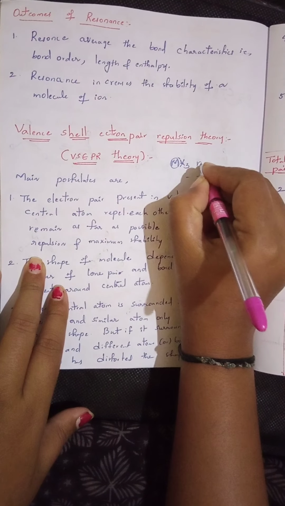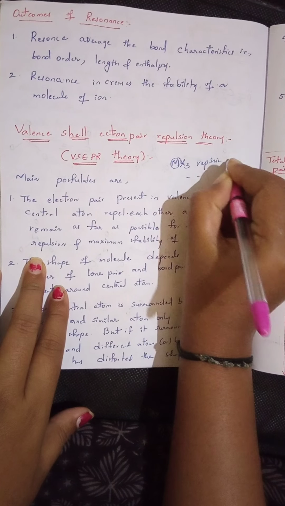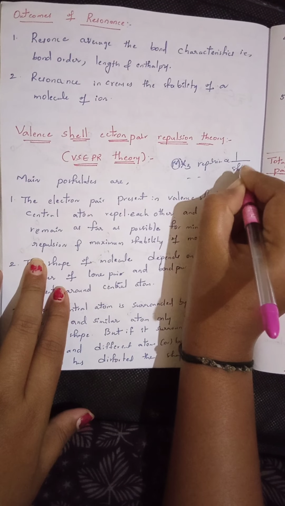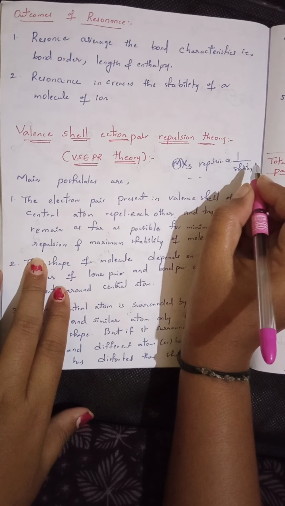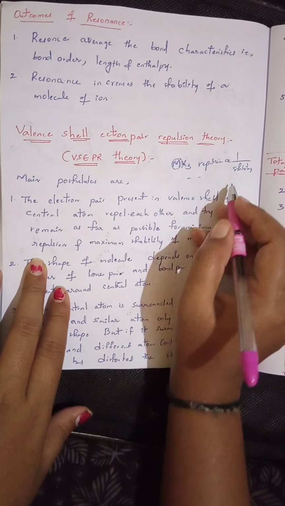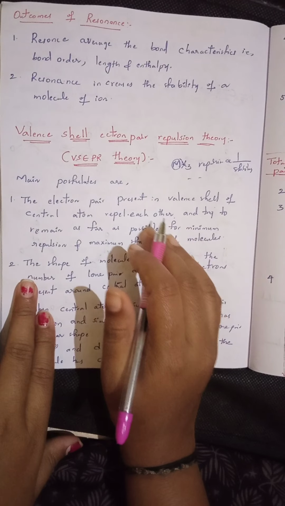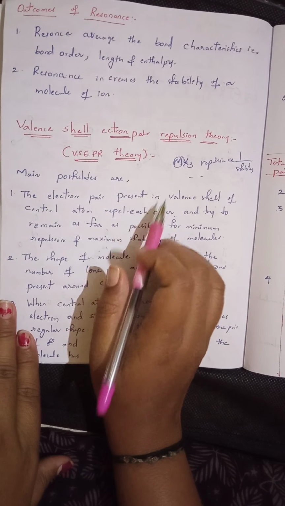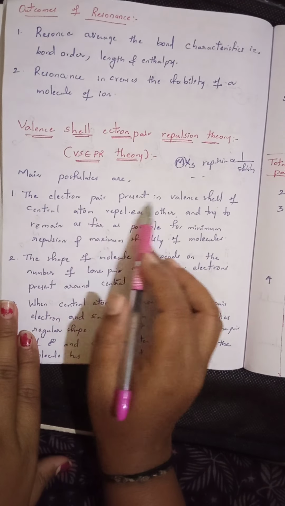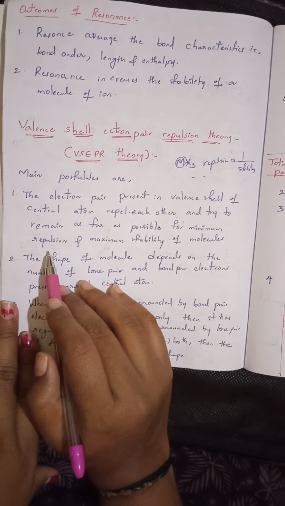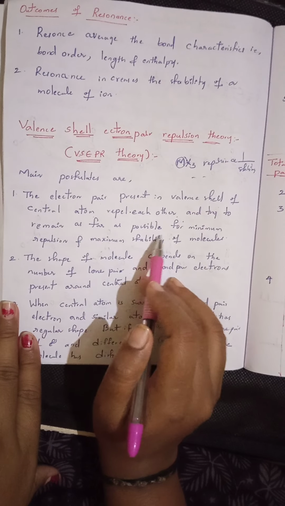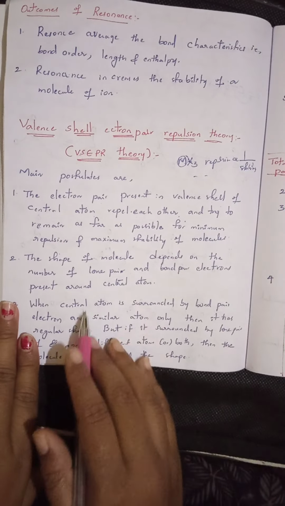Repulsion and stability are inversely proportional. When repulsions are less, stability is more. When repulsions are more, stability decreases. This is all about the central atom present in a molecule.